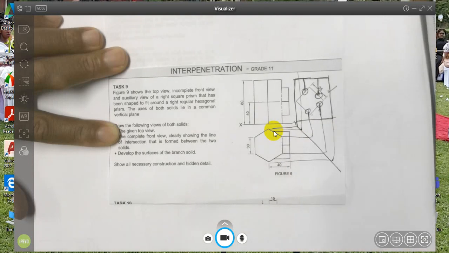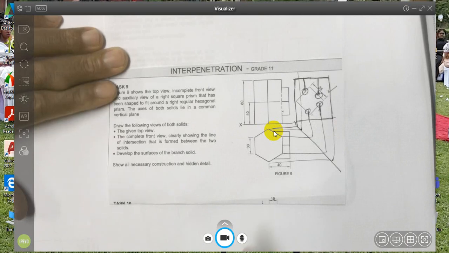So those turning points are important for you to project to the front view, although they don't tell you to do that.